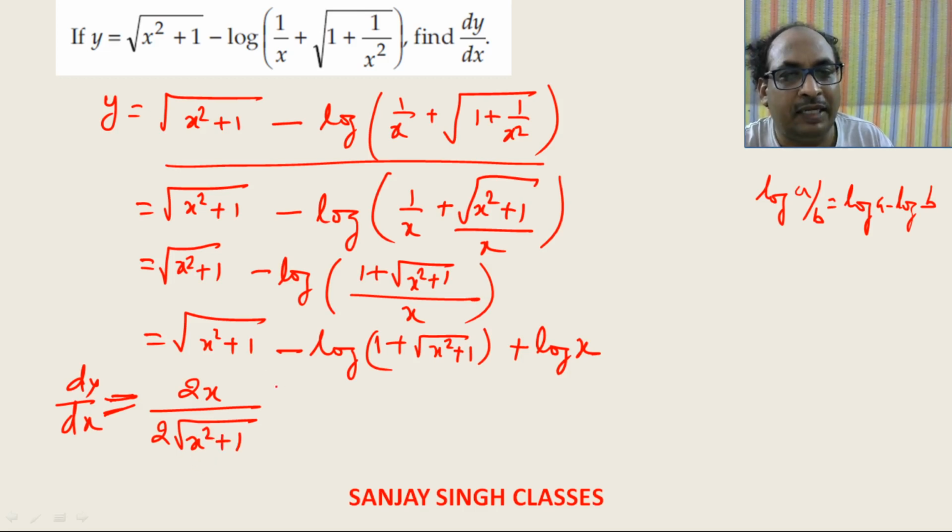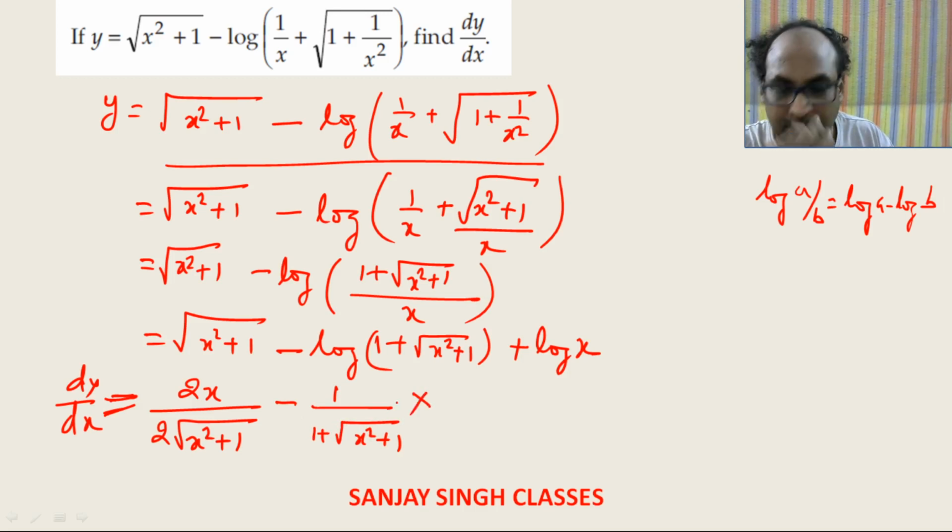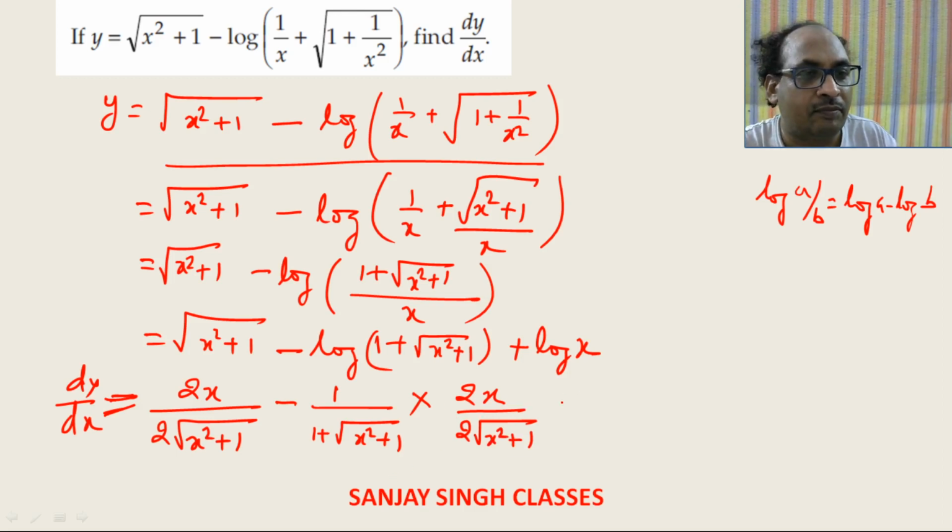So half minus 1, minus log 1 plus whole root x square plus 1. So it will be 1 divided by 1 plus whole root x square plus 1, then the derivative of x square plus 1 will give you 2x divided by 2 into x square plus 1, right, and plus 1 by x.